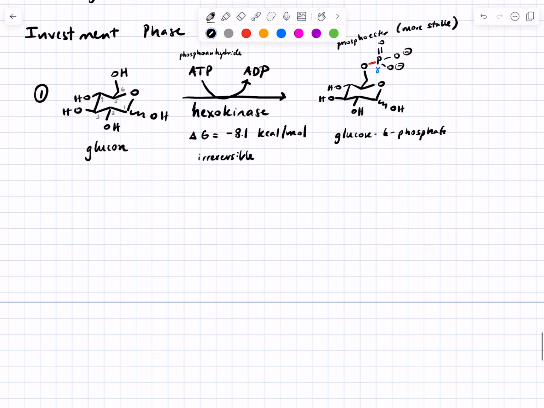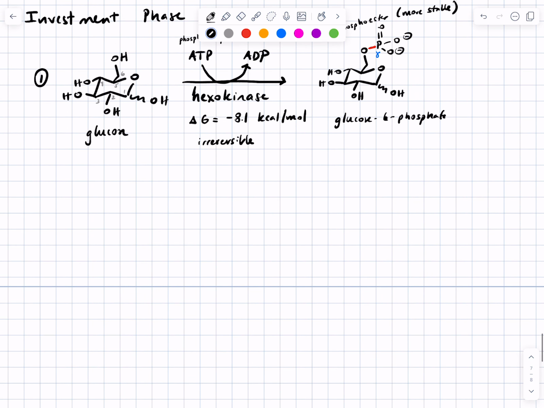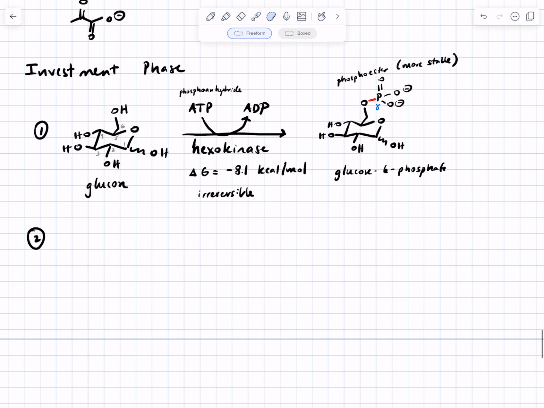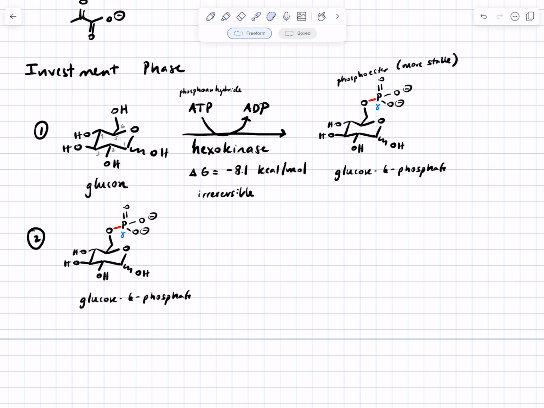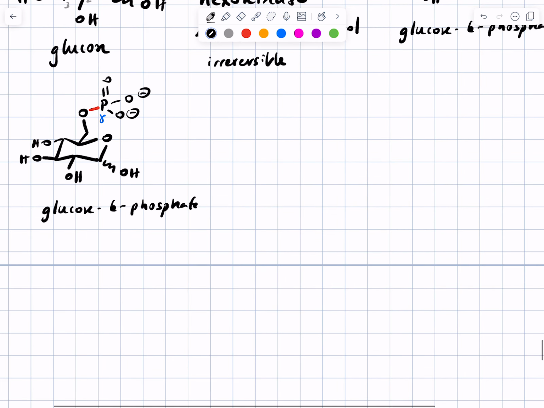Okay. The next reaction is a little bit more interesting than the kinase reaction. The starting material is, of course, glucose 6-phosphate, but the enzyme is called glucose 6-phosphate isomerase.